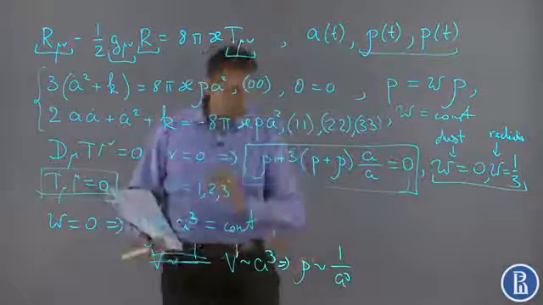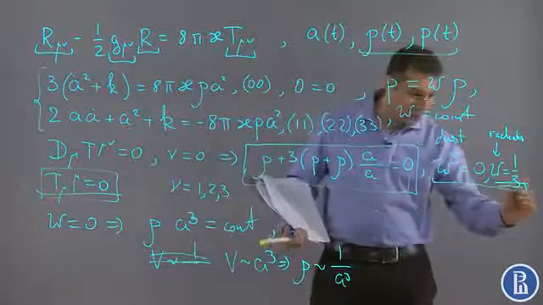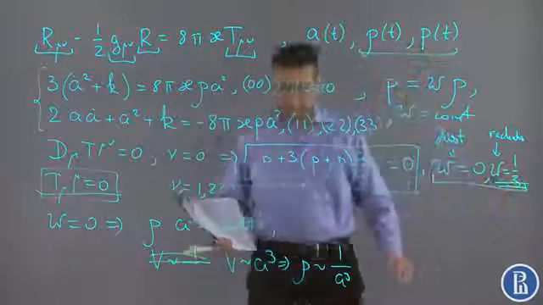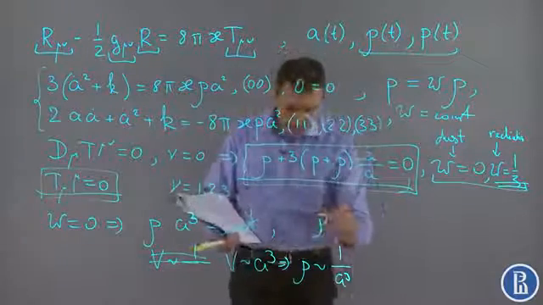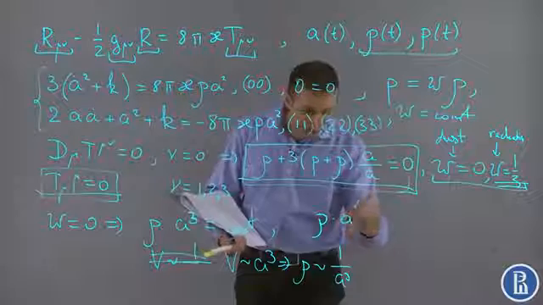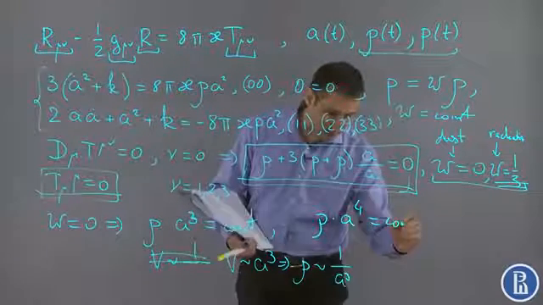For the case when omega equals 1/3, from this equation, we immediately obtain that rho times a to the 4th power is constant.